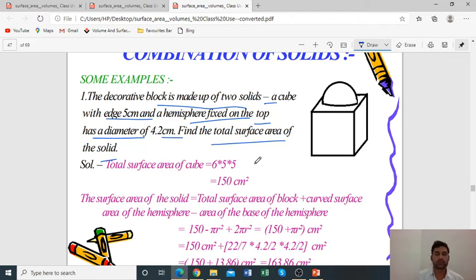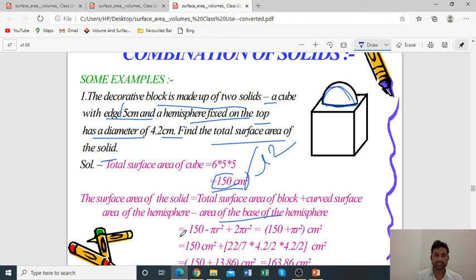Total surface area of a cube, you know, is 6L². The edge is 5 centimeters, so the total surface area of the cube is 150 square centimeters. But for the decorative block, we exclude the circular base area and include the curved surface area of the hemisphere.